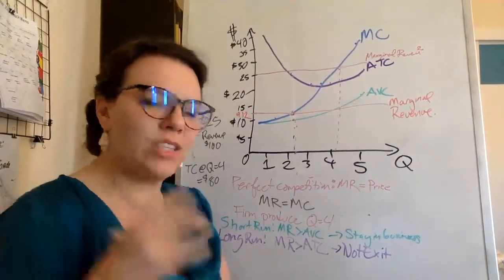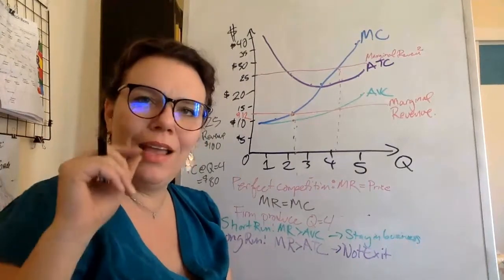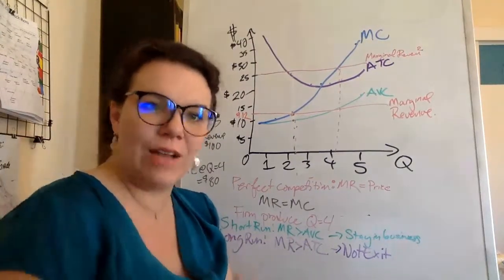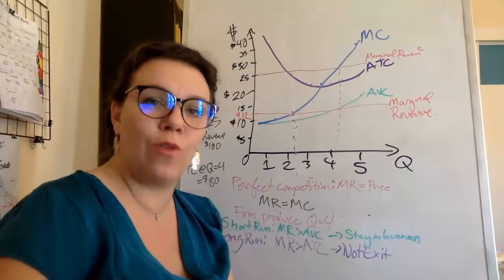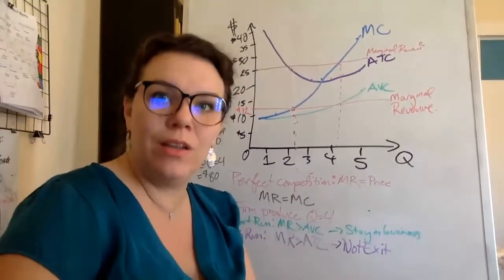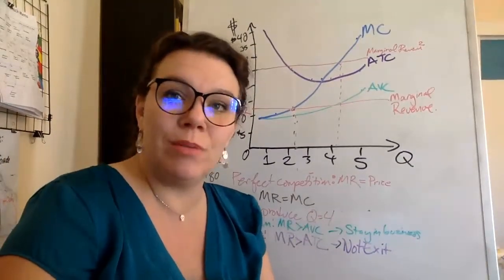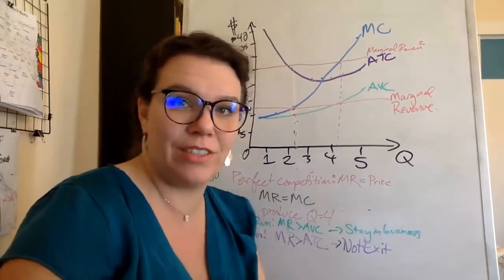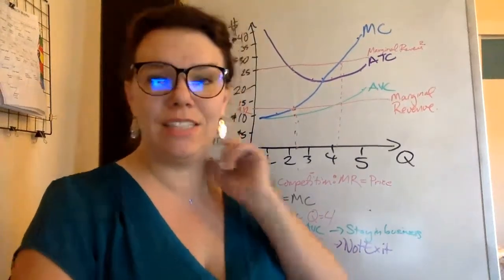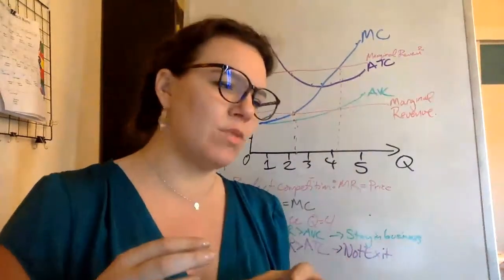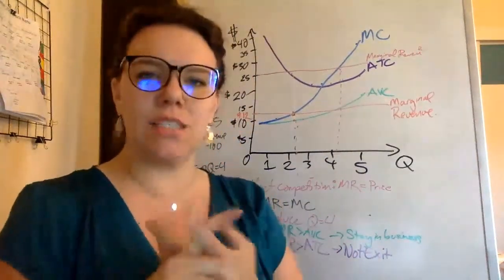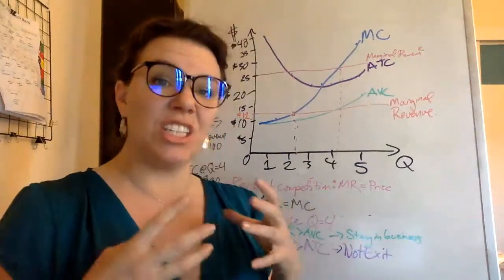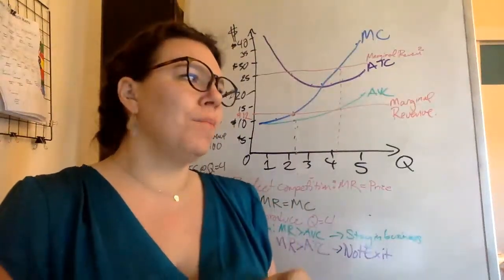And this gets back to why we talked about economic profit and accounting profit, because we do want to allow for accounting profit, but in the long run equilibrium in perfect competition, we actually assume 0 economic profit. And that's kind of a hard concept to grasp, and that's why we talk about implicit costs and explicit costs early on, so you can kind of get used to it.